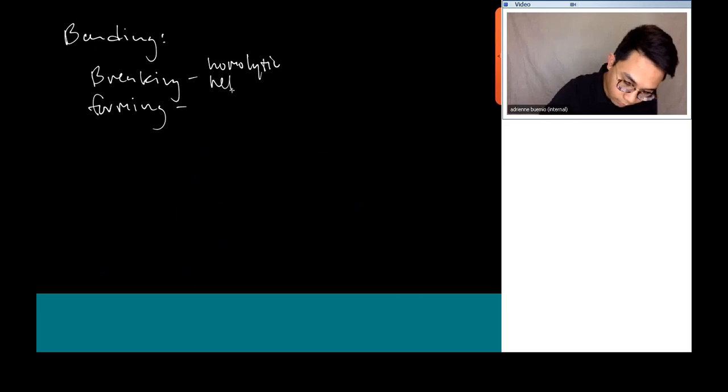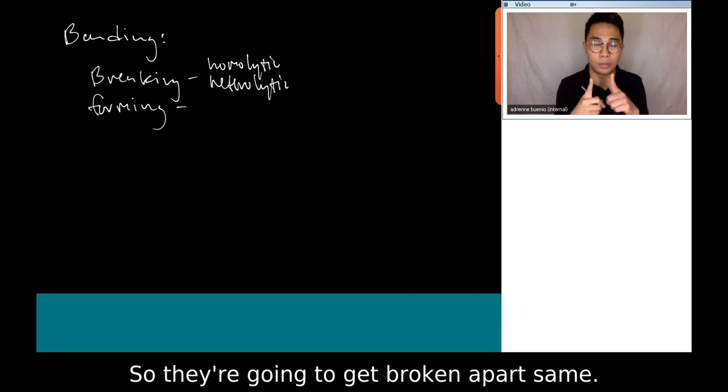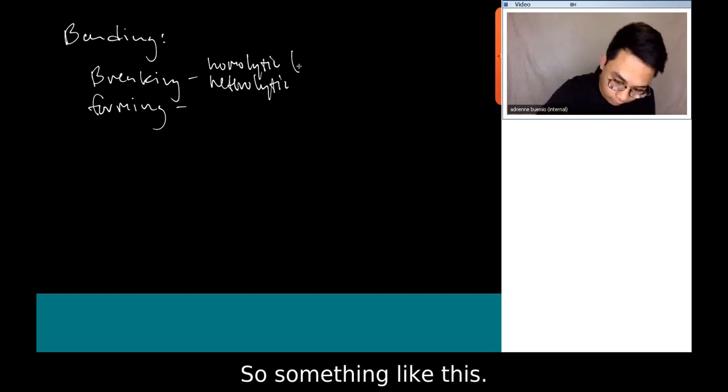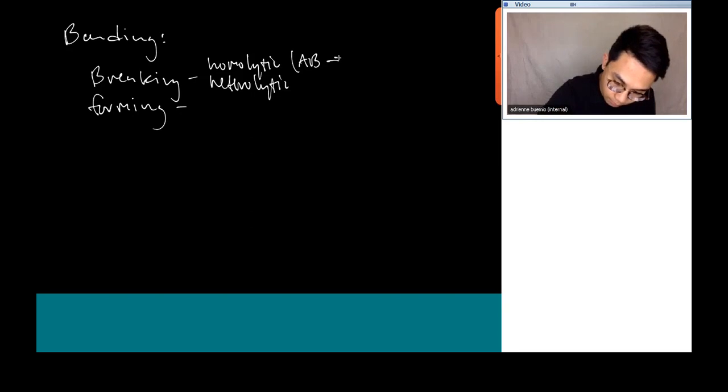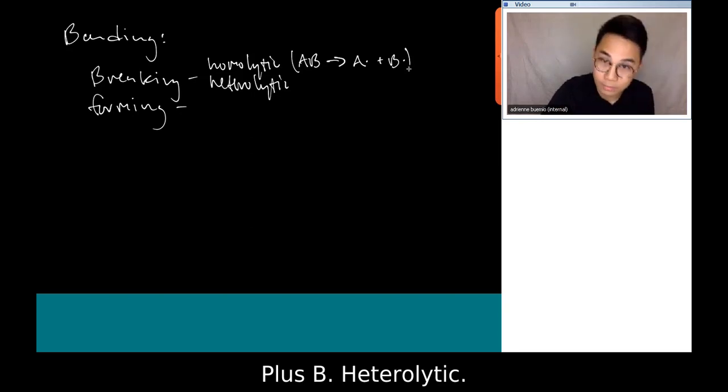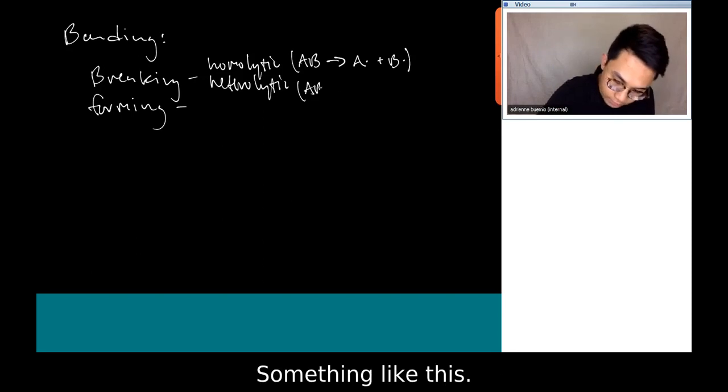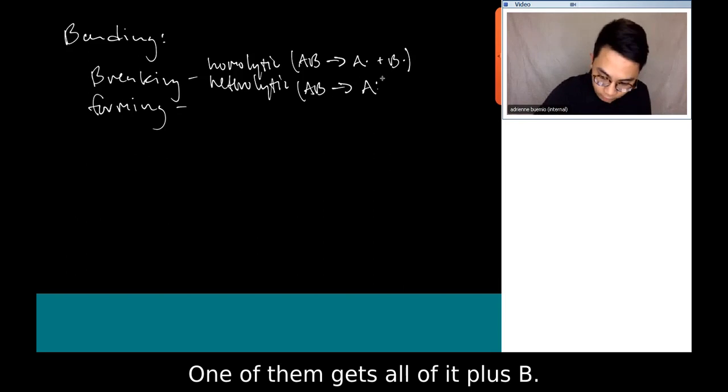Homolytic means the bond is broken apart the same, so something like this, plus B. Heterolytic, something like this: one of them gets all of it, plus B.